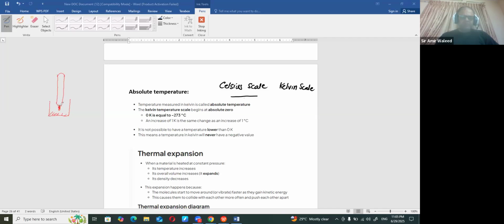Now, an interesting fact is, if you take some ice here and you start heating it up, what happens? Let's take this thermometer without any calibration. We have seen that as soon as we start giving it heat, it will reach this point, and after that, the mercury will not rise until all the ice converts into liquid form.